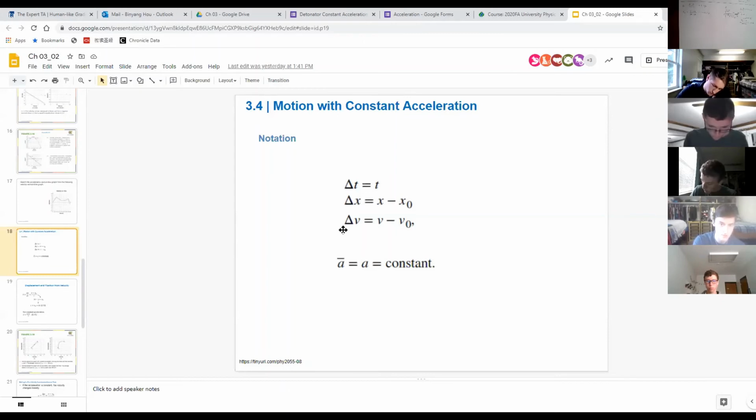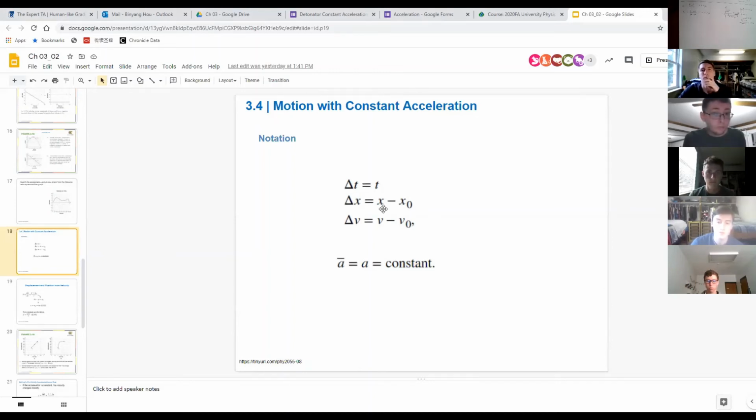Now let's simplify some of the notation here. When we talk about change in time, we simply use t. Then when we look at all the equations we have learned so far, we don't have to write all of them. Delta x refers to x final minus x initial, so we drop the subscript f. x simply means the final position.